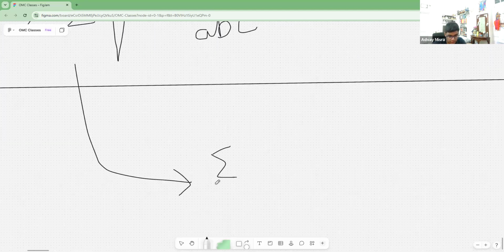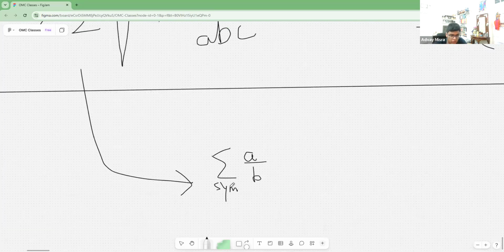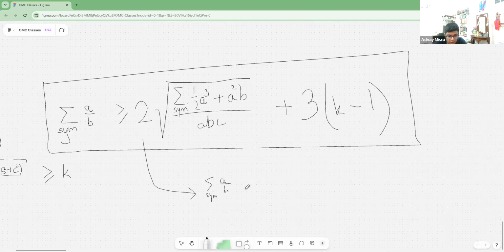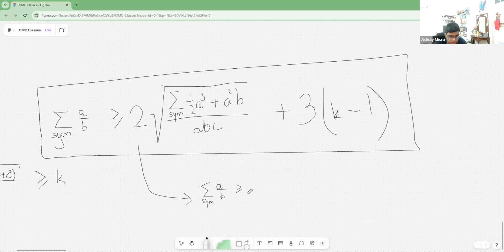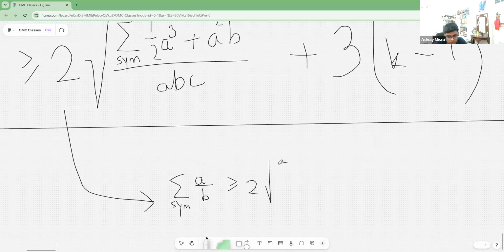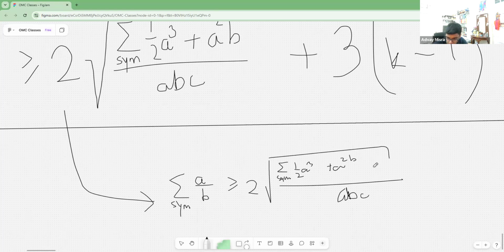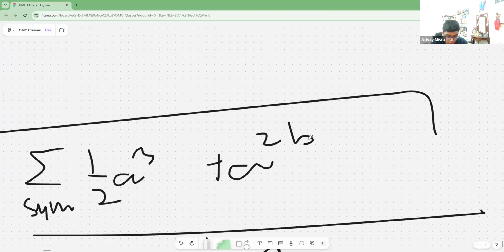So what we're left with now is this. We are trying to prove this. If this turns out to be wrong, we'll go back and try to find a better value for k. Sorry about my bad handwriting.